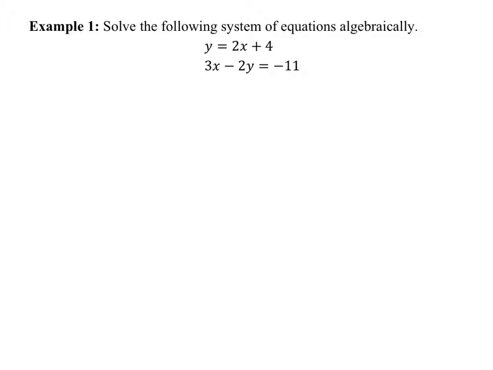Yeah, and a lot of you have seen this. We call this the substitution method. Okay, substitution. So you take this expression here. Remember, it's an expression, 2x plus 4, and the expression 2x plus 4 is equal to y. That is going to go in for y in the second equation, right there. So whenever one of the variables is solved for, use substitution method.